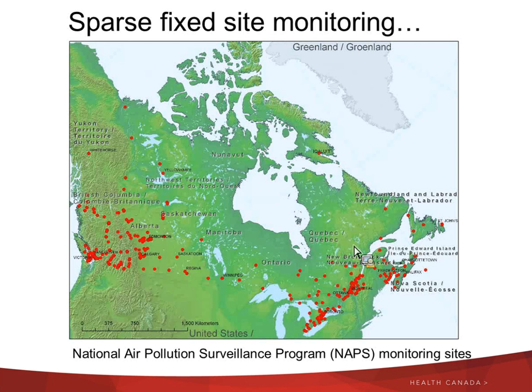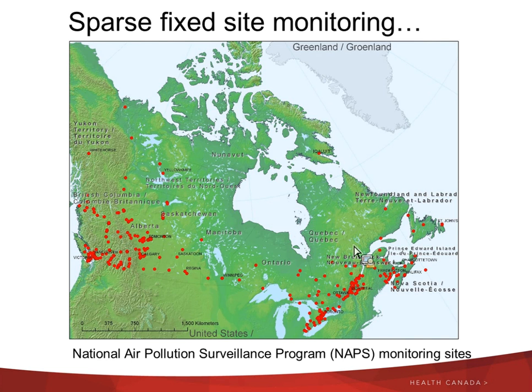Now, before these methods were developed and applied, air pollution exposure assessment was really restricted to areas in the vicinity of sparsely distributed ground-based air pollution monitoring. This shows the really sparse distribution of the NAPS, or National Air Pollution Surveillance Program, sites across the country.